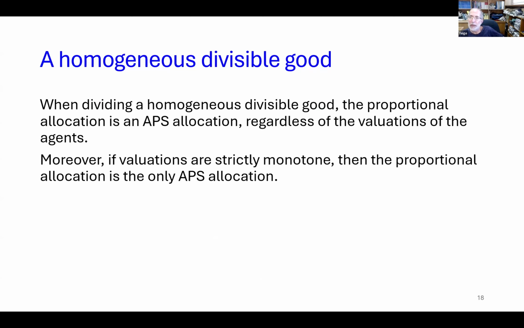If they're not strictly monotone, for example, somebody has a valuation which is identically 0, maybe you don't need to give this agent anything, and then you can have additional allocations. But if it's strictly monotone, then it's the only allocation. The proportional allocation is the only APS allocation. So in this respect, the APS passes our sanity check.